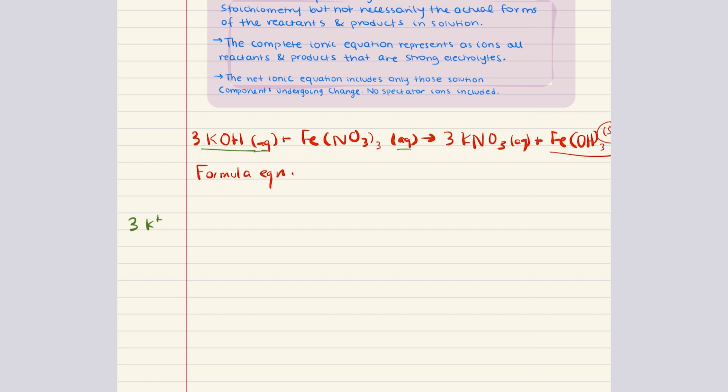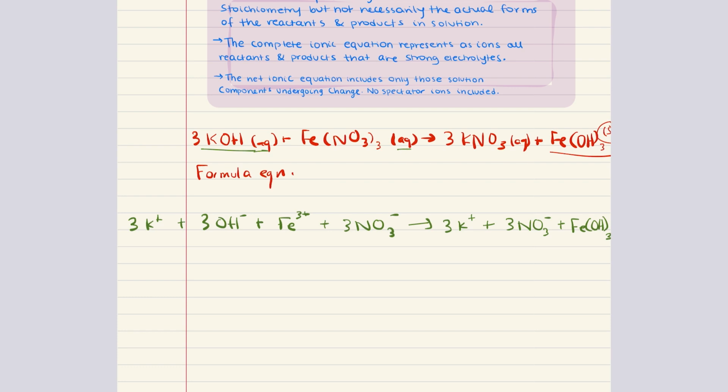We're going to write 3 potassium plus 3 hydroxide anions plus iron 3 plus, plus 3 nitrate ions. This is going to give us 3 potassiums plus 3 nitrate ions plus iron 3 hydroxide. This is insoluble, so we do not write it as separated ions.